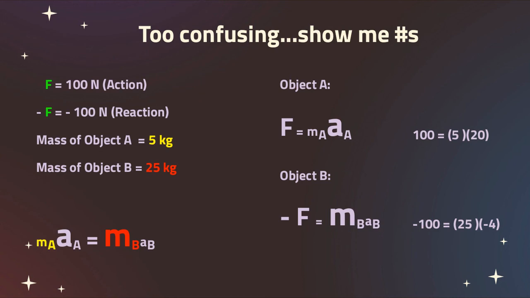The acceleration numerically is 4 meters per second squared, but the direction is to the left, the opposite direction, so it's 25 times negative 4, which gives us a negative 100. So again, these are inversely proportional, meaning that if force is the same, the mass and acceleration affect each other inversely. So if you have greater acceleration, you're going to have less mass. If you have more mass, you're going to have less acceleration.